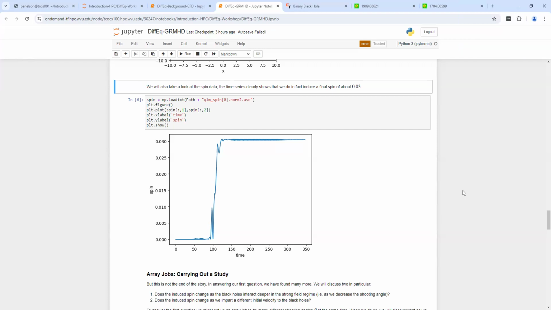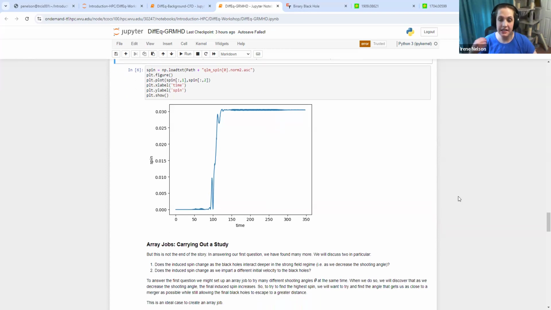But the things that we do know for sure are that as we decrease the angle, the black holes will interact more strongly, and the final spin will be higher. And conservation of angular momentum does apply here.